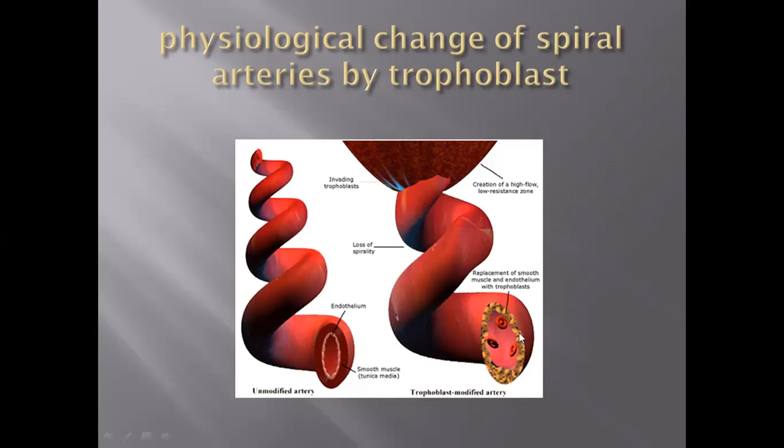So this results in the development of low resistance, high flow of blood in the uteroplacental tissue. When this normal development is impaired, this results in high resistance, low blood flow.